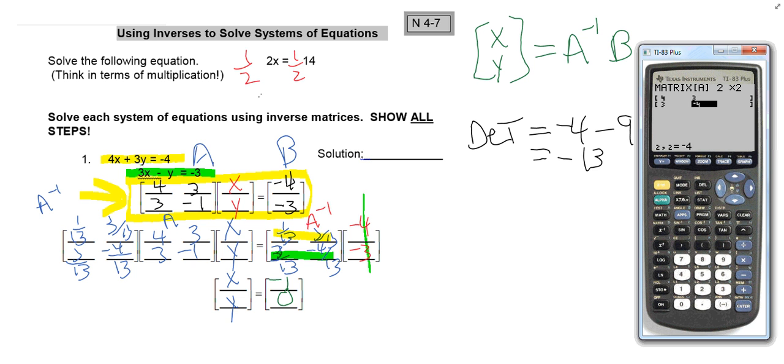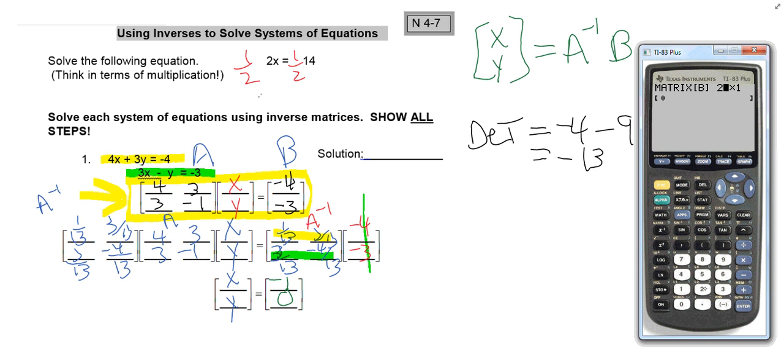That's just the x and y coefficients for those two equations that we've been given: 4x plus 3y and 3x minus y. And then into matrix B we're going to put in a 2 by 1, which is the answers, which is in this situation the negative 4 and negative 3 in our given equations.